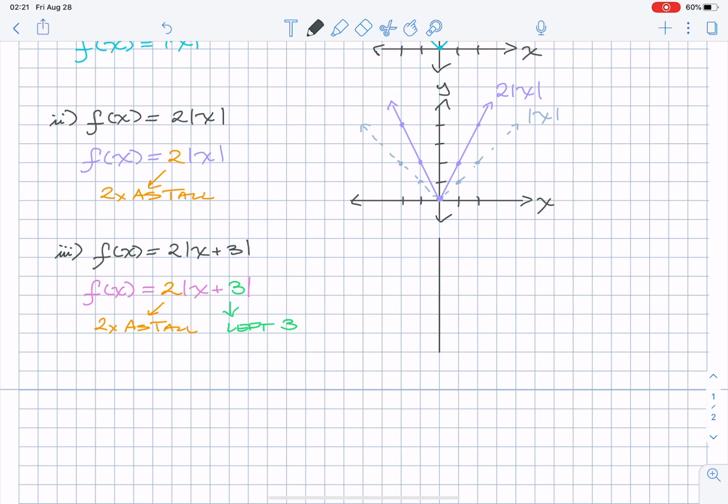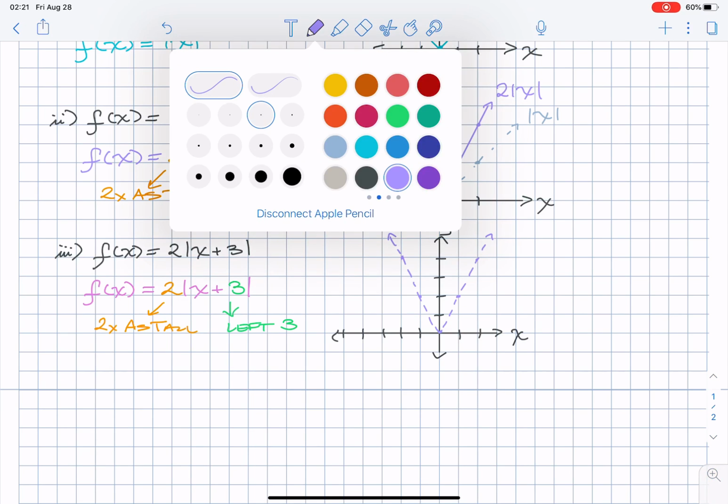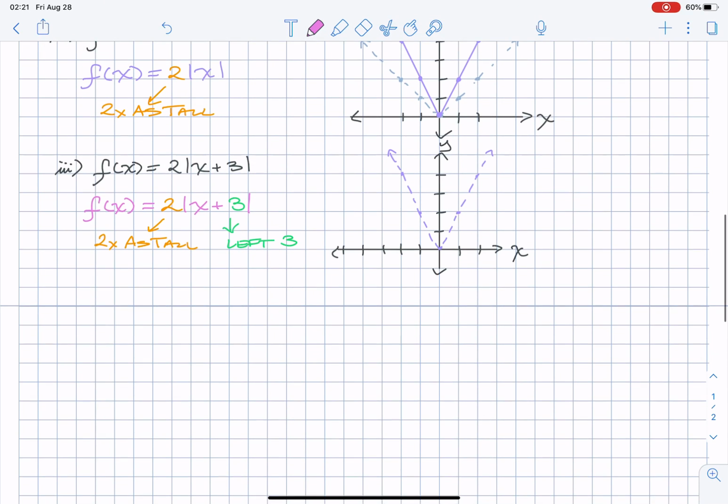So why don't I just take the graph I've got right above here, this purple guy? X and y, 1, 2, 3, 4, 1, 2, 3, 4, 5, 1, 2. So I had this purple guy here that was twice as tall already. But now I'm shifting that left 3 units.